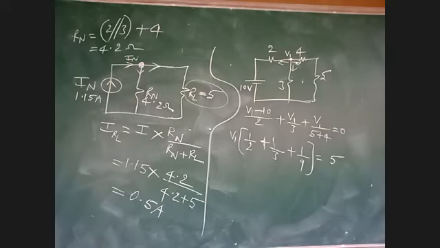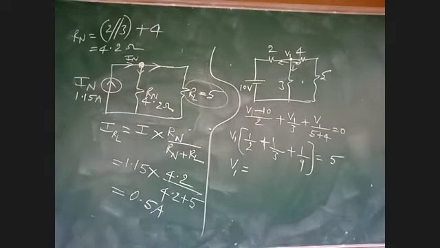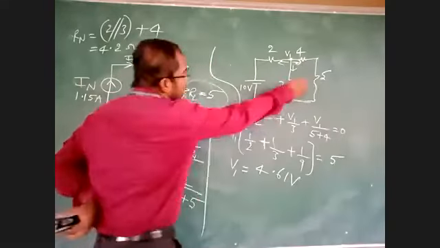What is V1? 4.61, sir. But I want the current in 5 ohms.